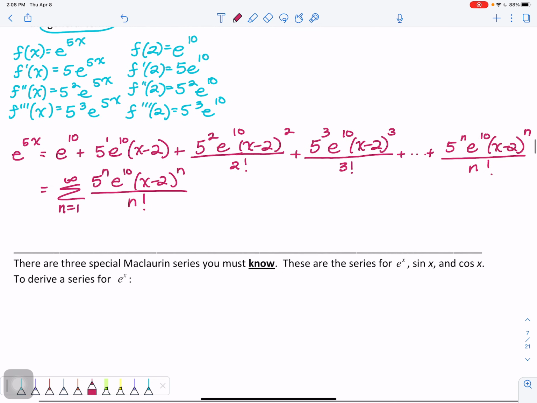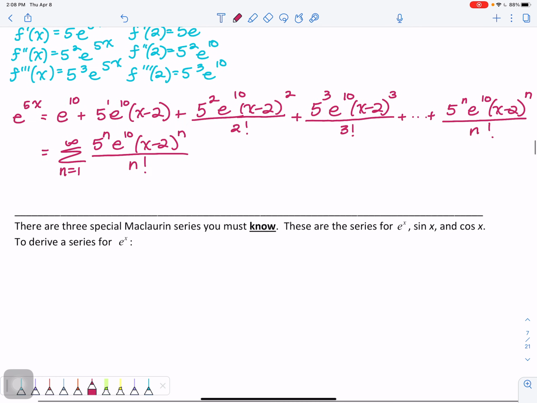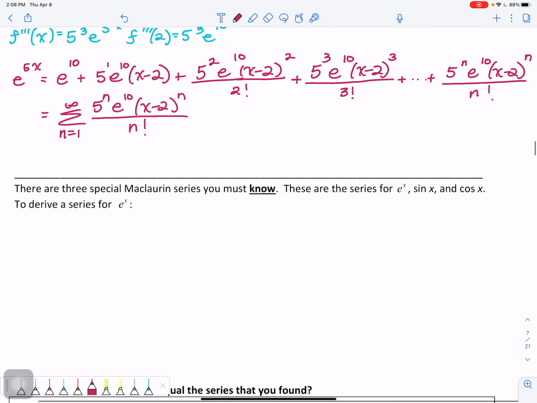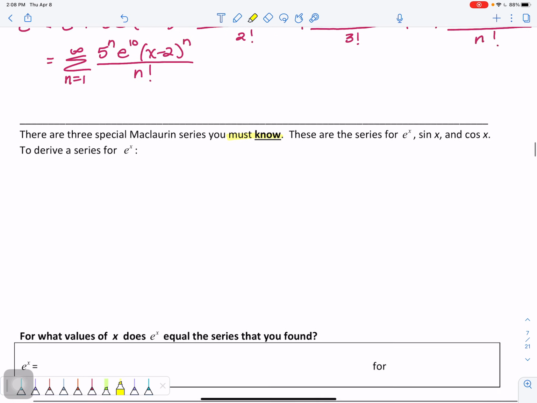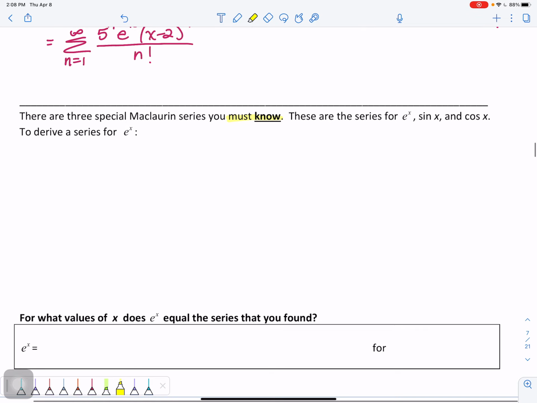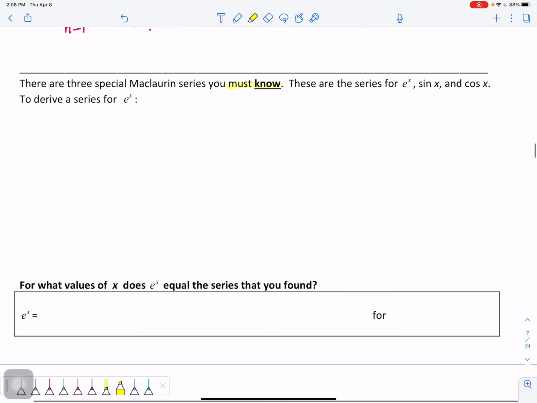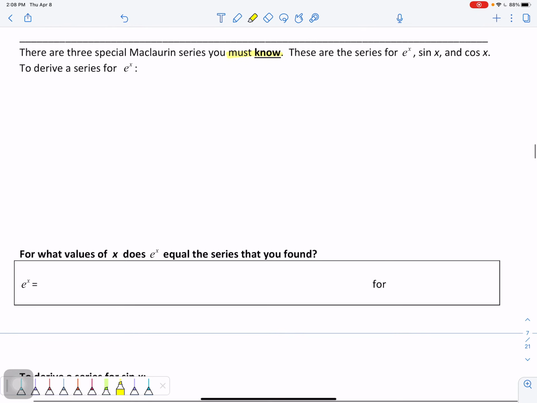Okay, there are 3 special Maclaurin series that you must know, and all students must know these. And these are the series for e to the x, sine of x, and cosine of x. So we're going to derive a series for e to the x. And take a look at this.